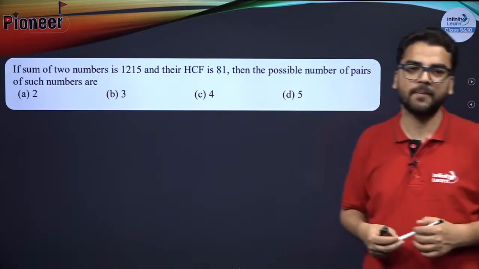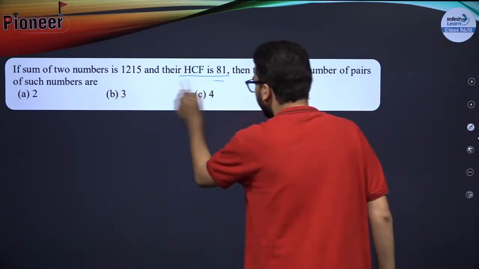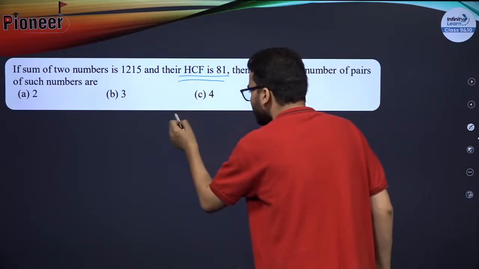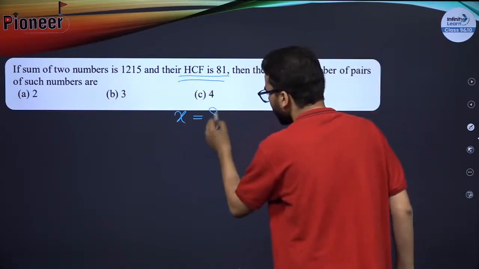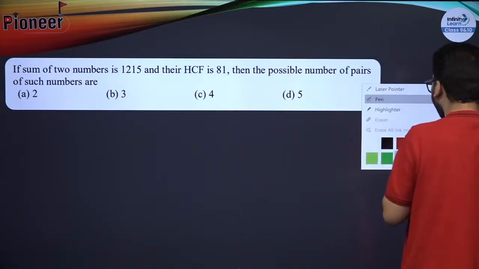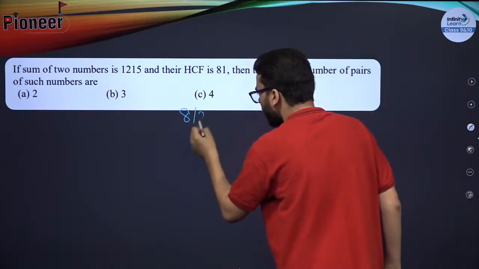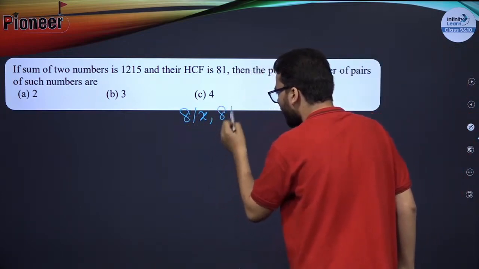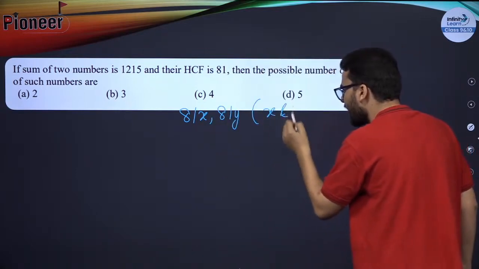So see, whenever HCF is given, HCF is 81, we can say both the numbers will be of this form. One number I can write of the form 81x and the other number of the form 81y, and we can say that x and y are co-primes.